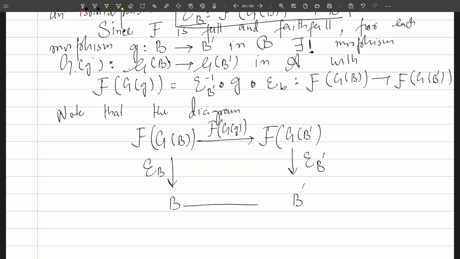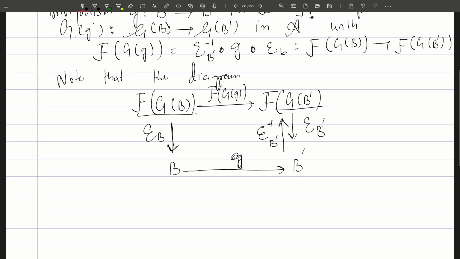And between B and B prime, we have the morphism g. So going from F of G of B to F of G of B prime, we first go via this path, followed by g, followed by this path. Now, since epsilon B prime is an isomorphism, its inverse is a morphism from B prime to F of G of B prime.